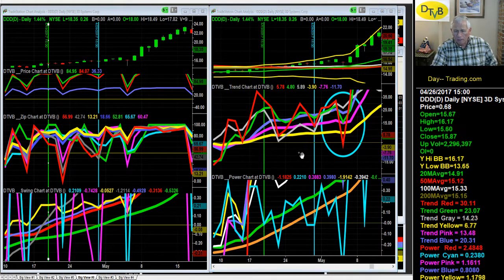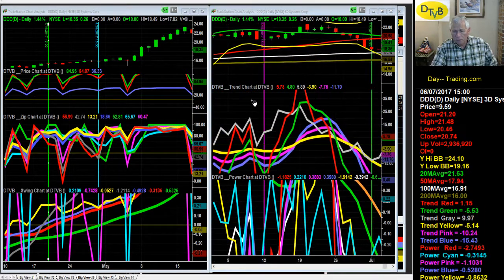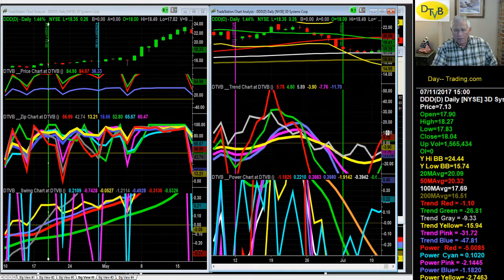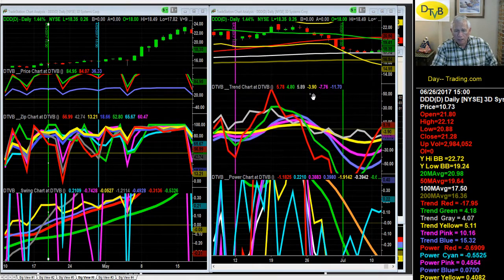Now, one other thing that I want to mention, if I can here, and this is with a trio. This is trend gray, green, and red. Oftentimes on the pink vertical line, when gray is divergent, in this case, trend gray is going up and green and red are going down.